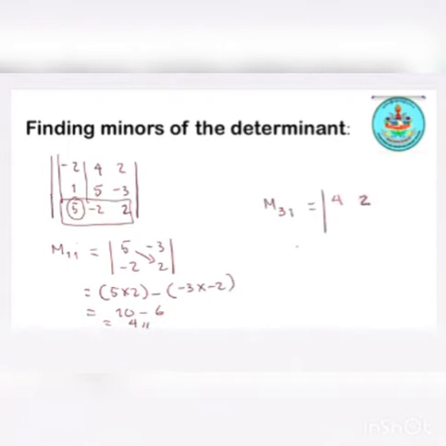We're left with 4, 2, 5, -3, which is 4 times -3 minus 5 times 2, that is -12 minus 10. So it is -22. Same sign, so we add. So this is how we find the minors. Likewise, you will be able to find the rest. But for the interest of time, we'll be doing very few examples here.